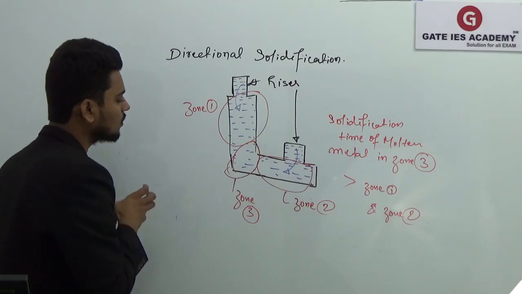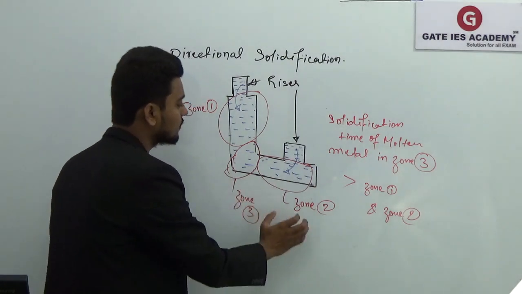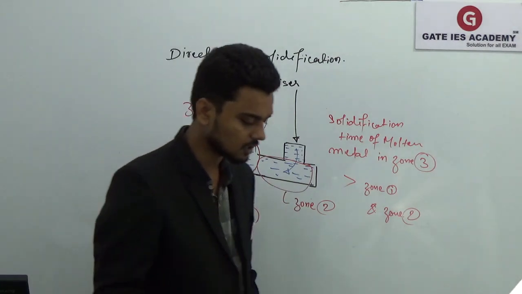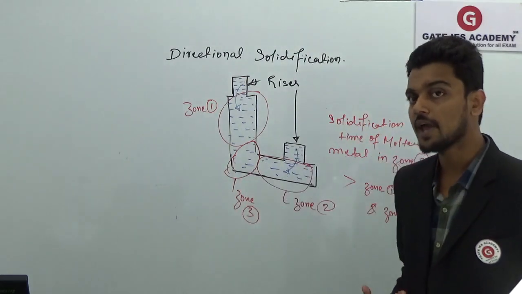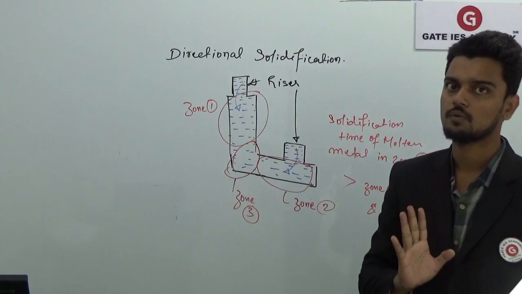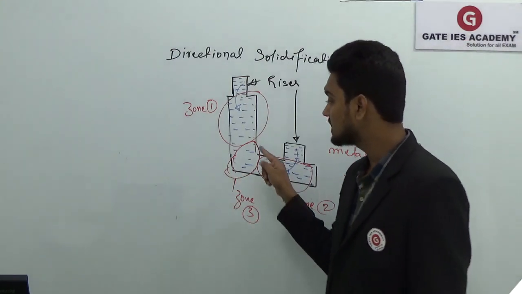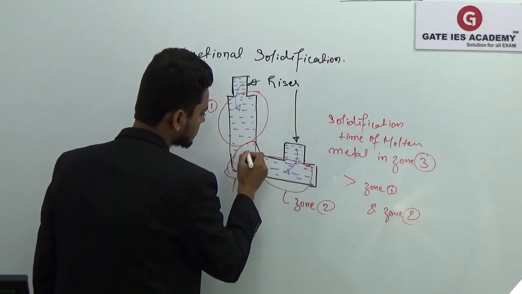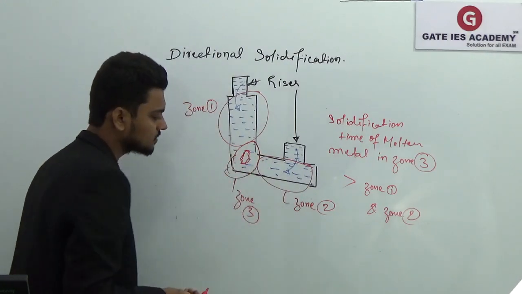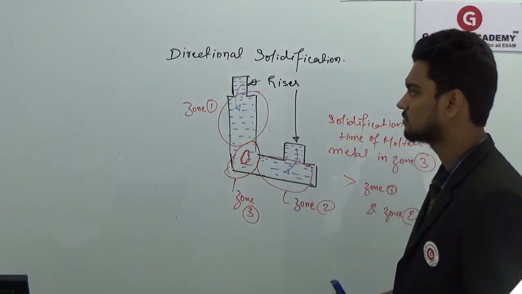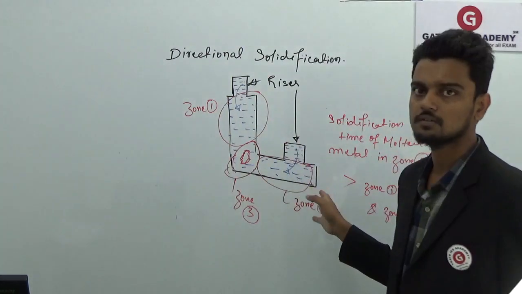So how will you solidify zone 3 before zone 1 and zone 2? This is the thing that we actually want. Why? To avoid the shrinkages. Shrinkages means the cavity that is formed in your casting because of insufficient molten metal that we are not getting from the riser.